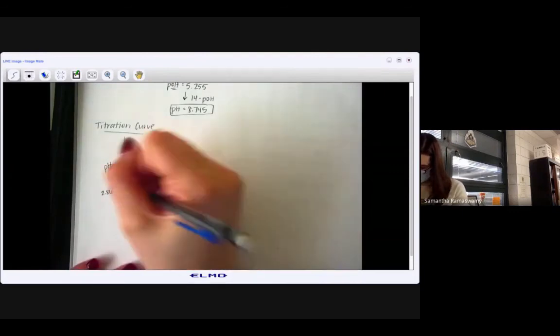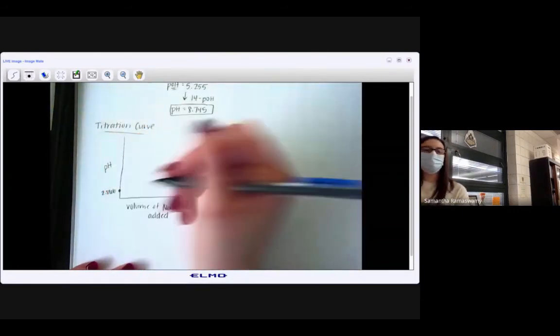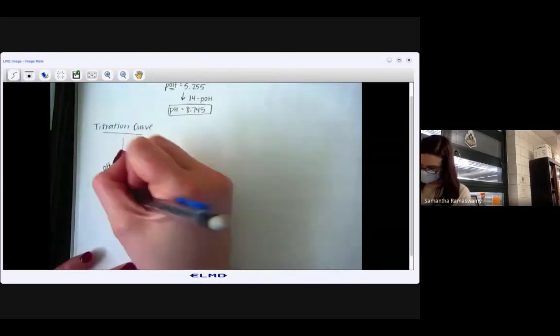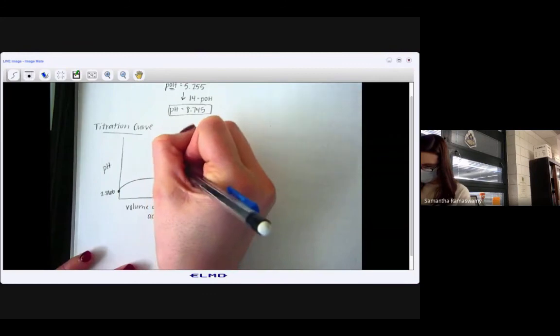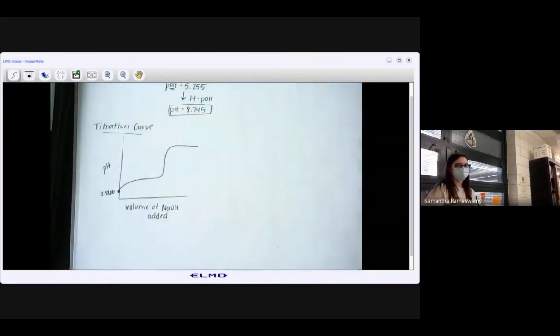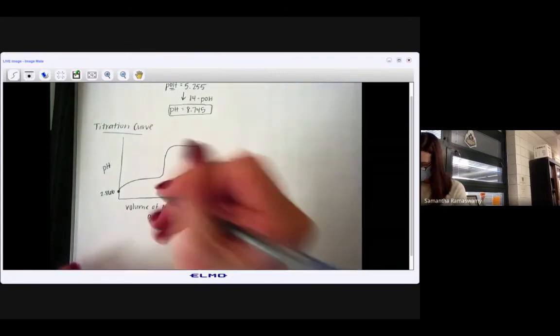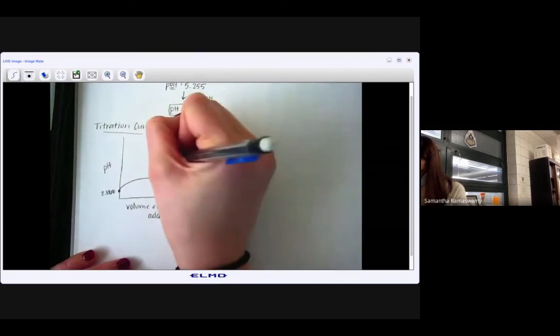I'm just going to draw kind of a general curve. So because it's a weak acid to start, we have that buffer region. So we have this little curve up, and then we kind of have the spike in pH. So this shows my volume at the equivalence point.